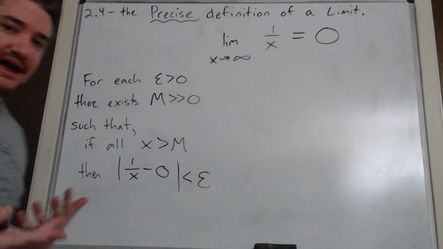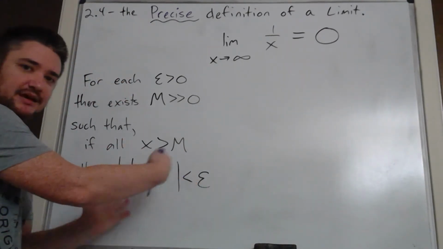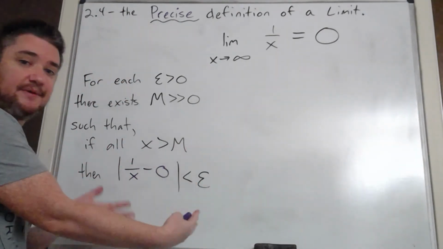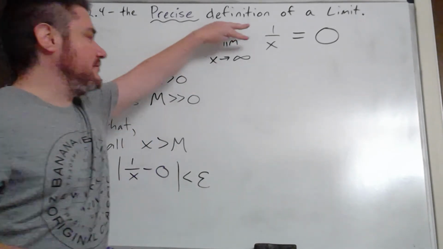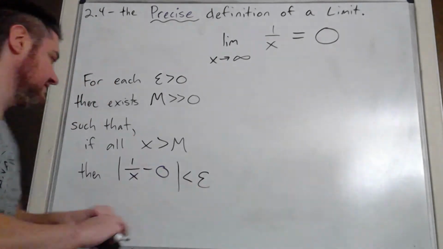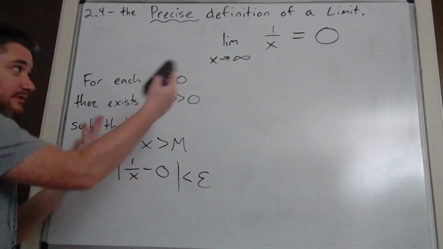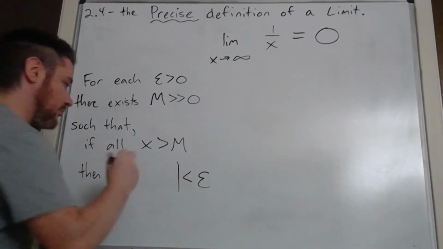Let me clean this up a little bit. We're taking the general definition of this limit and applying it to this specific scenario. Something minus 0 is just itself, so because the limit is 0, I can get rid of that and just write 1 over x.